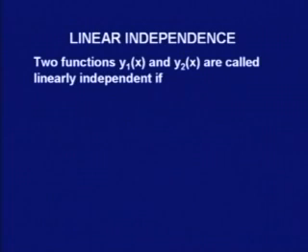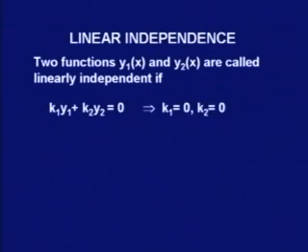Two functions y1(x) and y2(x) are called linearly independent if the linear combination k1 y1 + k2 y2 is 0 only if k1 is 0 and k2 is equal to 0. That is, if I cannot obtain this linear combination to be equal to 0 unless I take both the constants to be 0, they are called linearly independent.